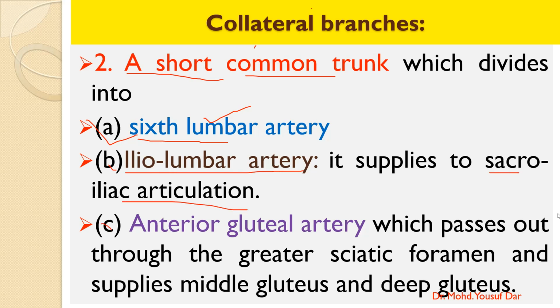And the third branch which arises from this common trunk is the anterior gluteal artery. It passes through the greater sciatic foramen and supplies the middle and deep gluteus muscles. These two muscles, the middle and the deep gluteus, are the important ones supplied by the anterior gluteal artery.